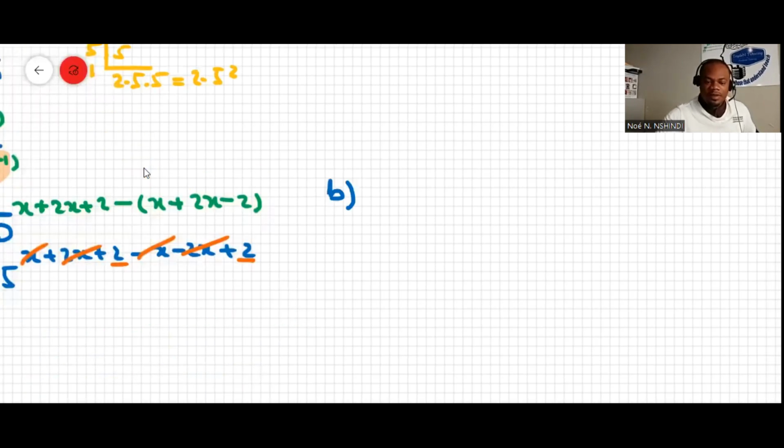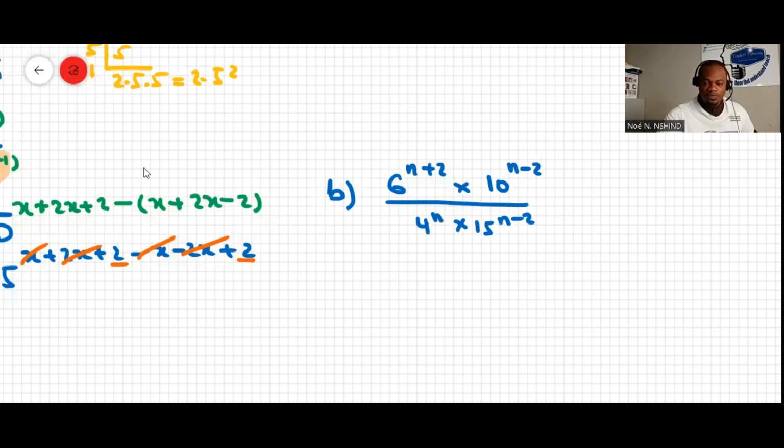B is given by 6 to the n plus 2 multiplied by 10 to the power of n minus 2 all over 4 to the n times 15 to the n minus 2. Okay, watch carefully what we do here. Step 1 is to write all the numbers in terms of the prime factors.